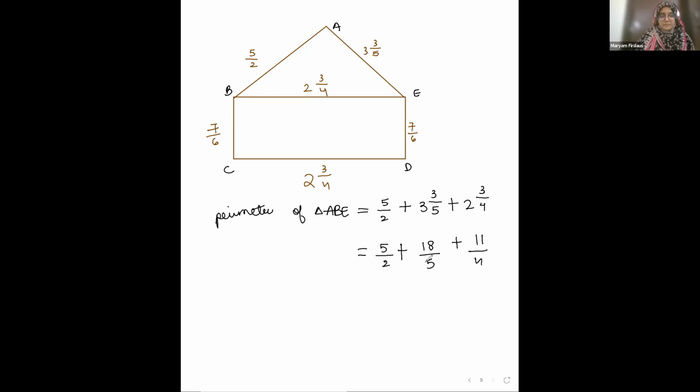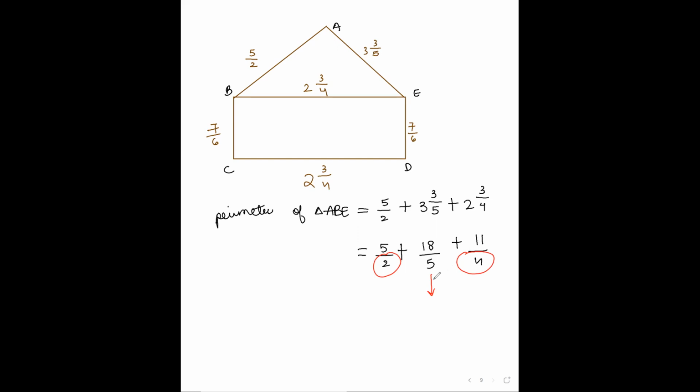Done. Yes. So fine. Now, what is the LCM of 5, 2, and 4? Okay, see Hiba. Look at it like this. If you do 2 into 4, what does that give you? 8. Does 8 come in the table of 5?